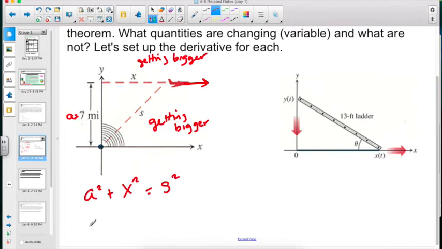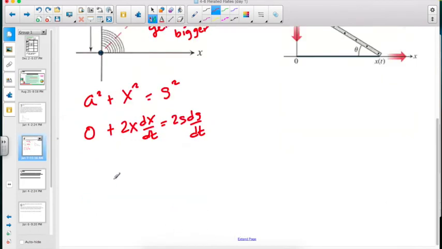So when we take the derivative here, this is going to be 0 plus 2x times dx dt equals 2s times ds dt for the expression of that derivative. So you could literally put in 7 for A. You could really write this Pythagorean's theorem as 49 plus x squared equals s squared.